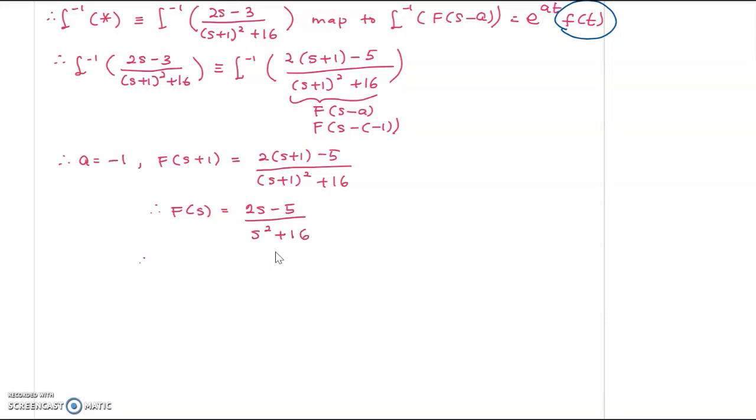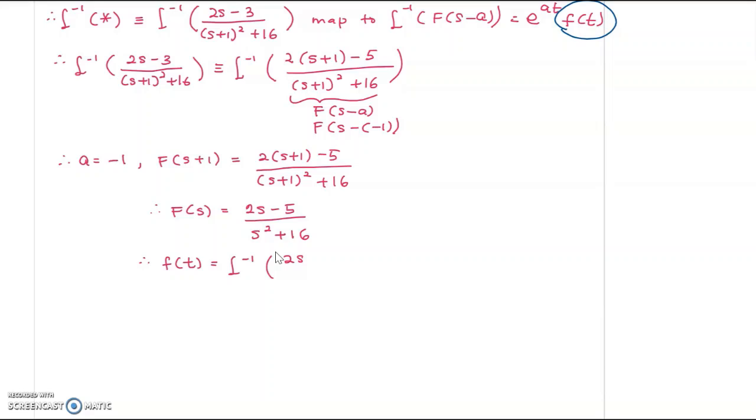Therefore the f(t) that we wish to get is the inverse of F(s), which is the inverse of 2s minus 5 over s squared plus 16, separately written in two individual fractions.